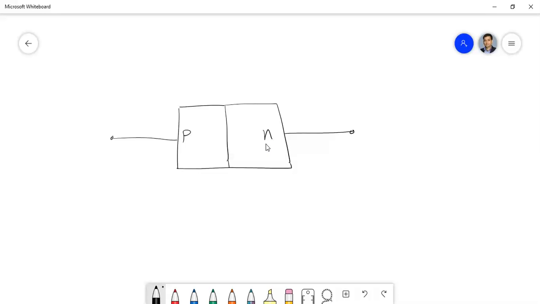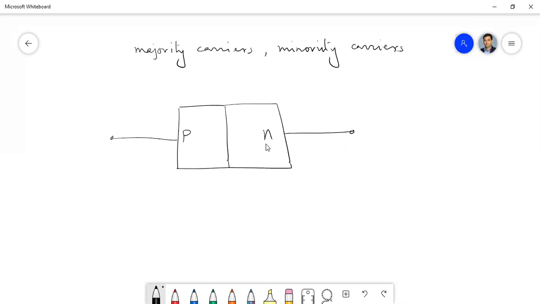And there are a few terms: the first one is the majority carrier, and the second is the minority carrier. Have you heard these terms?